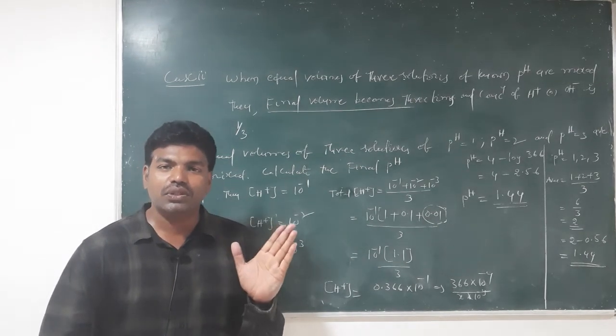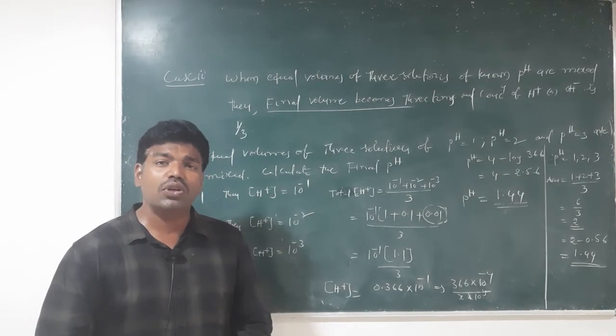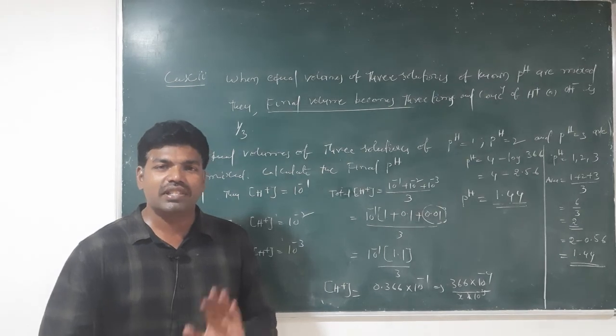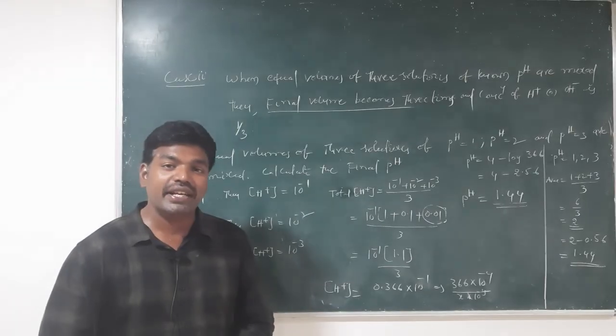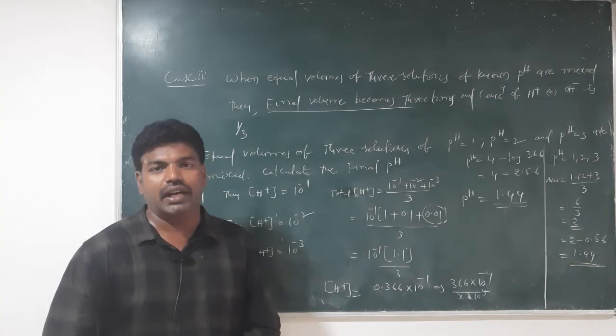And case 2 is when equal volumes of three solutions of known pH are mixed, then the final volume is 3 times and the concentration of H plus or OH minus ion is 1/3.